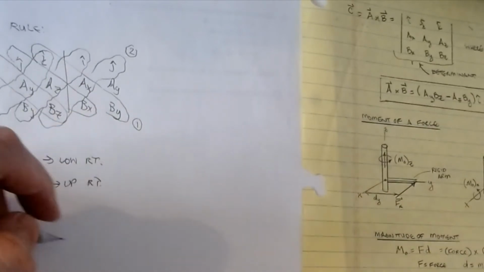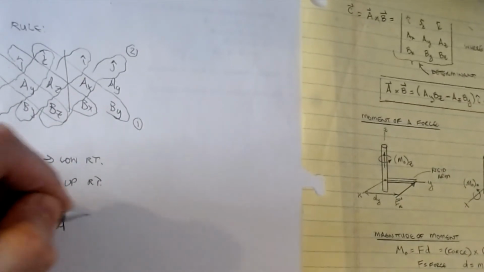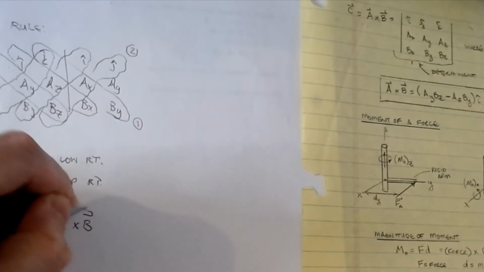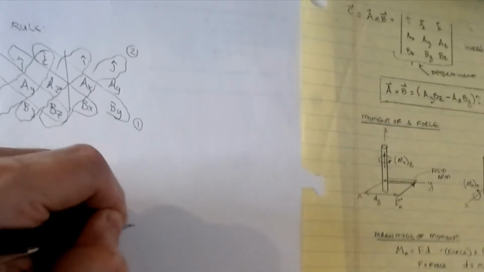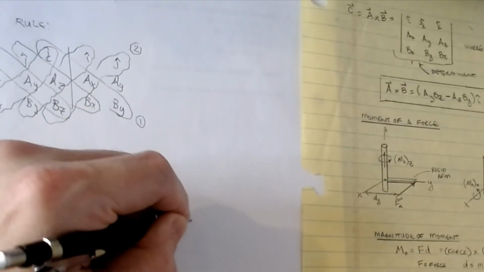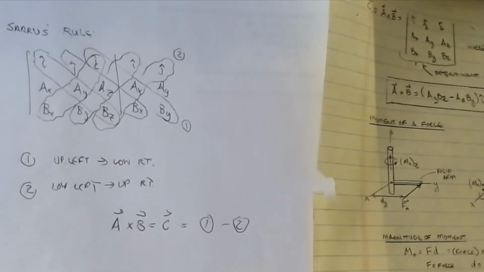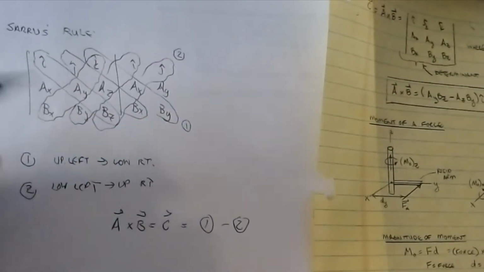Okay, and then what we've done is A crossed into B, which is my C vector, is simply number 1 minus number 2. Okay, and so that's kind of what we have happening here. Okay, and so that's all there is to it.